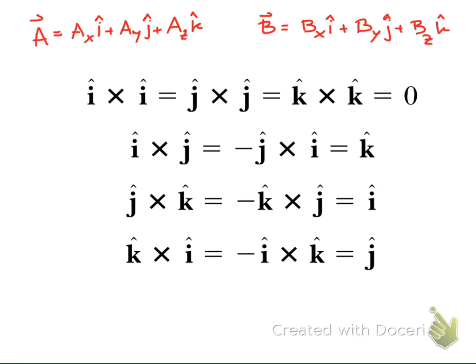Okay, and since i is perpendicular to j and j is perpendicular to k, we must have some relation between the cross product of i and j and k, and also k and i.